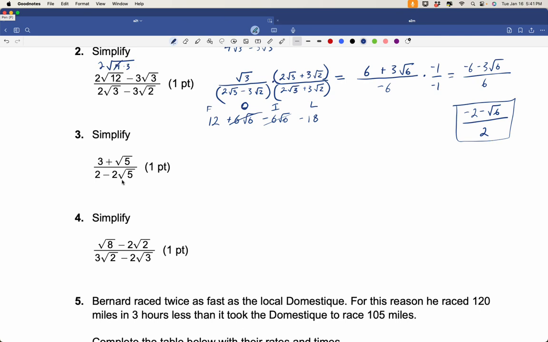It's kind of the same thing. It's simplified as far as it can go. So we can just multiply. 3 plus square root of 5 over 2 minus 2 times square root of 5 times 2 plus 2 times square root of 5 over 2 plus 2 times square root of 5.